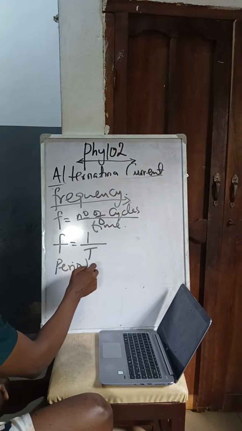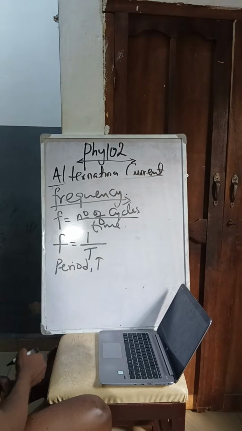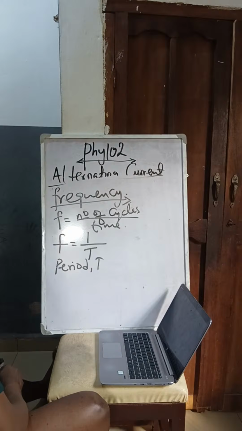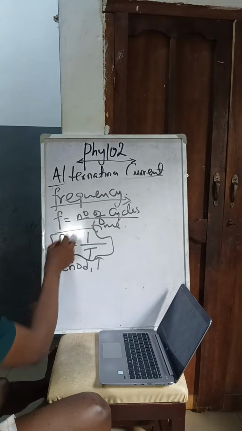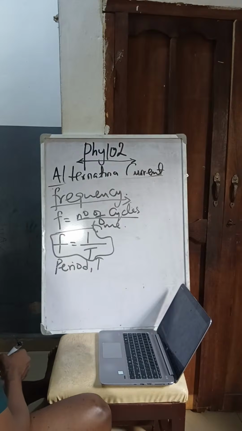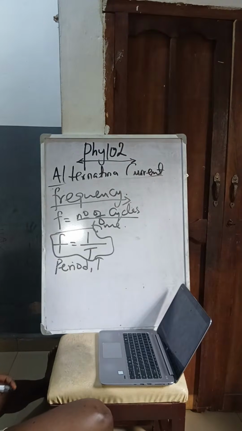Period is the time taken to complete one cycle. The relationship between period and frequency is on the board.